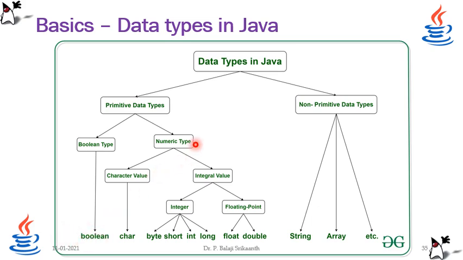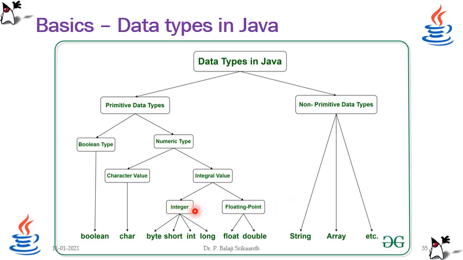Whereas the numeric data type is again divided into character value and integral value. The character value is char. Character means it can take up only one single character which is enclosed within single quotes. This integral value is again divided into integer type and floating point type.